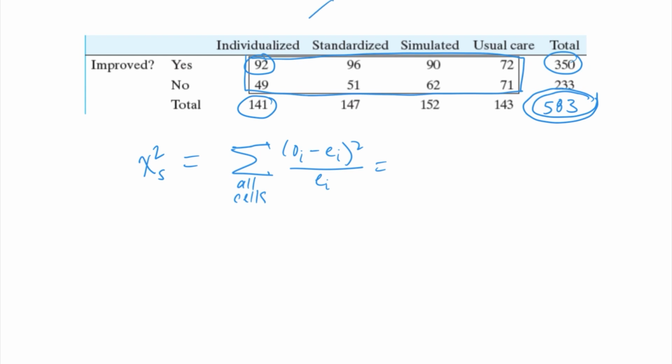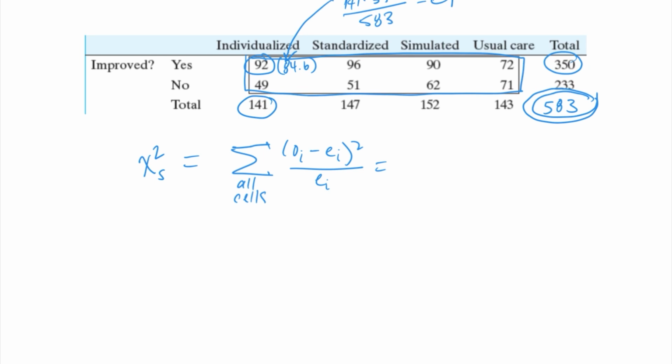So in this cell here, I'll just put a little arrow. We're going to write it as 141 times 350 over 583. That's the expected value for that cell. I'll call it cell 1. When I work that out, I get 84.6, which I'll just put in parentheses so that we know it's the expected value, not the observed value.